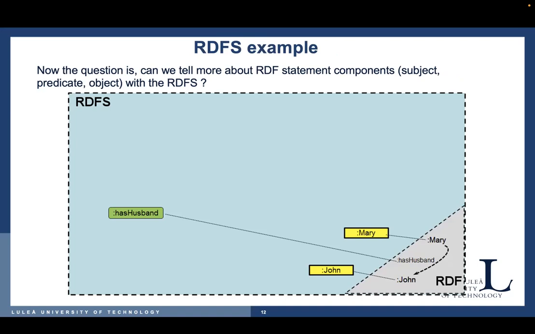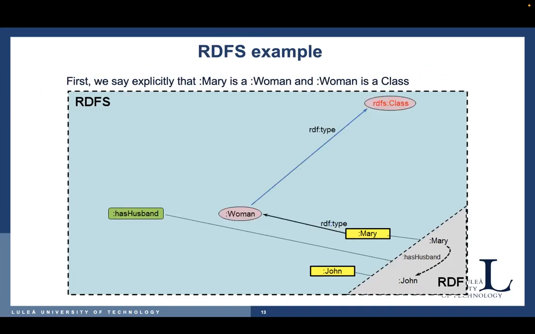So my input to you was obviously Mary is a female person, and John is a male person. So basically we have a woman, and here we introduce one generic class for everything, like the starting point.